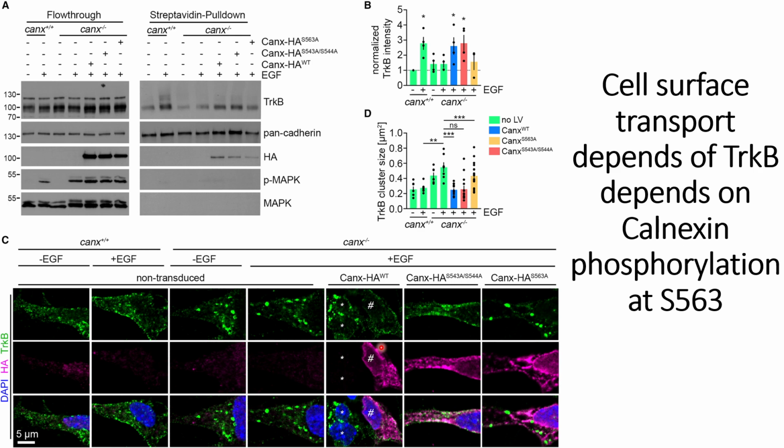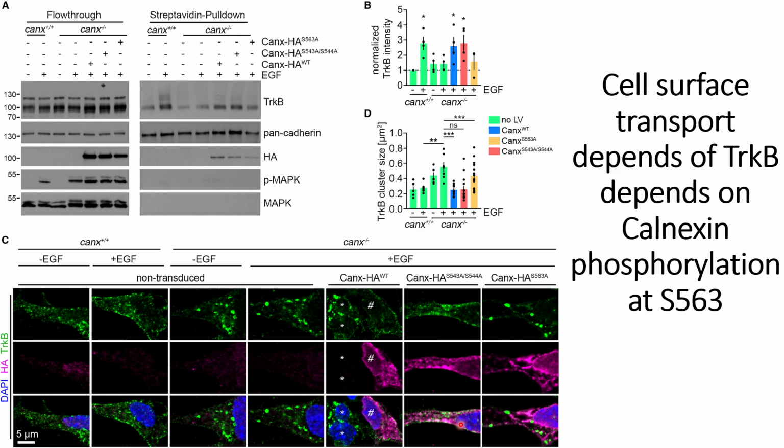However, for the wild type cells, they can see fewer cluster formations of TrkB where the Calnexin wild type is introduced.